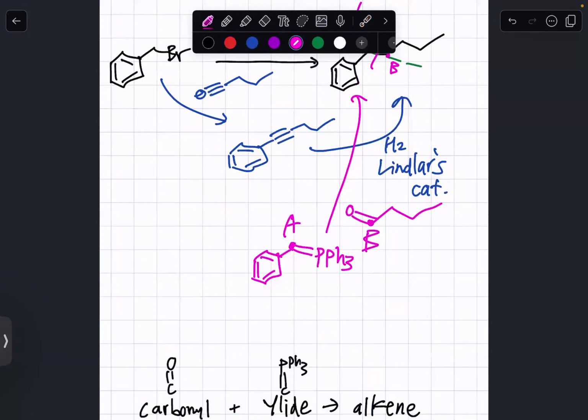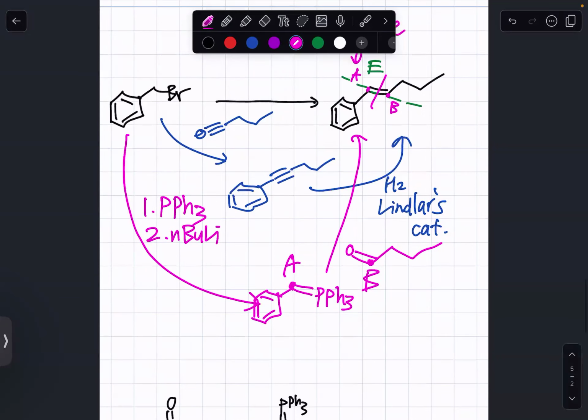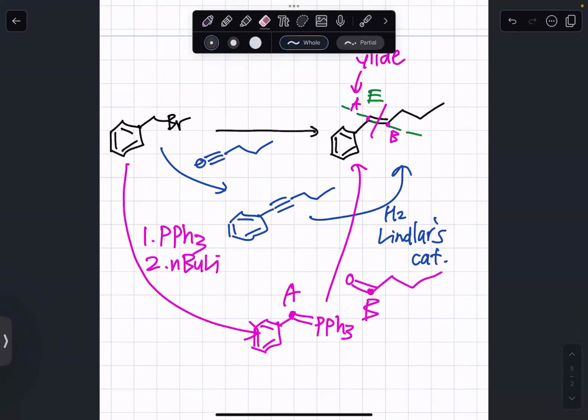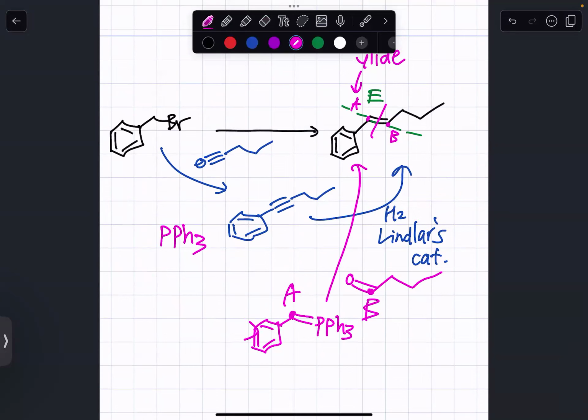And then to create that conjugated ylide, we do phosphorus triphenyl, and then a second step of a strong base. The first step would first create this intermediate with the positively charged phosphorus.